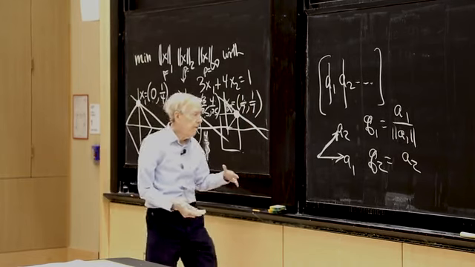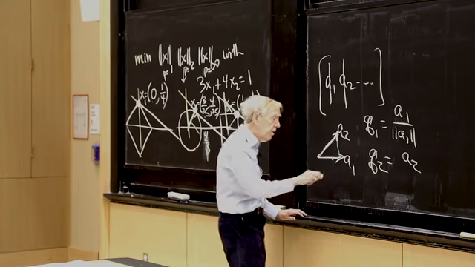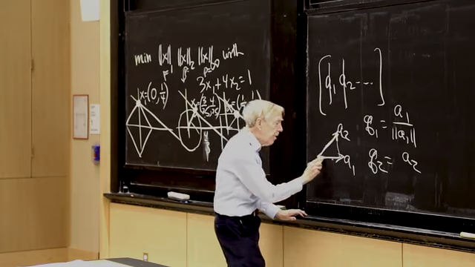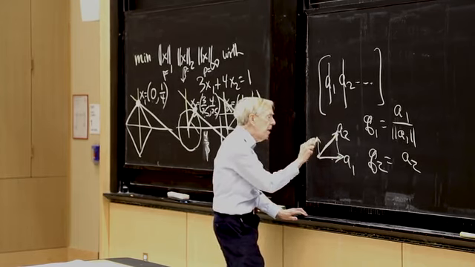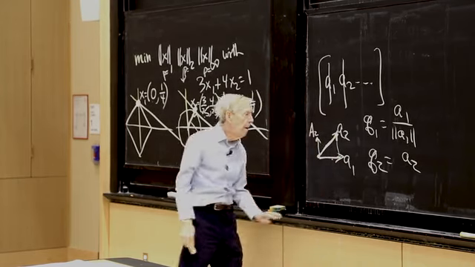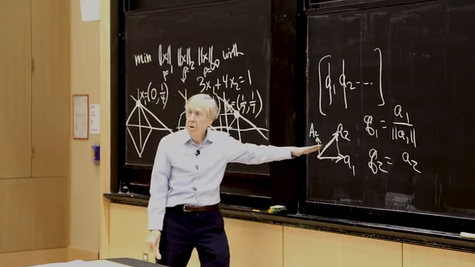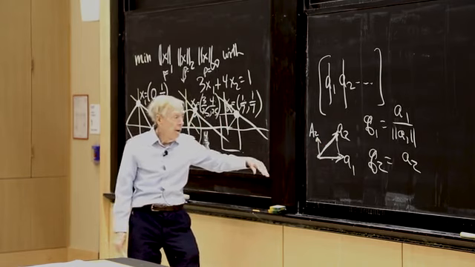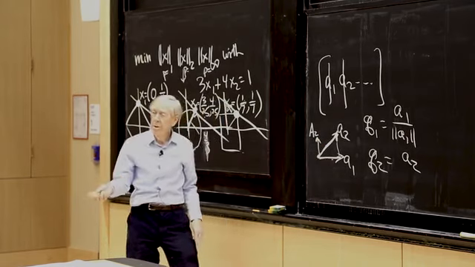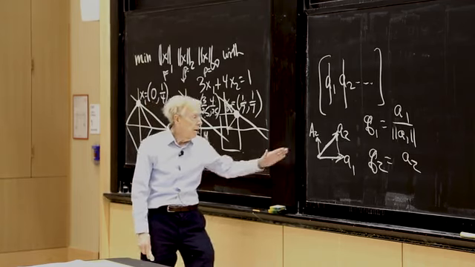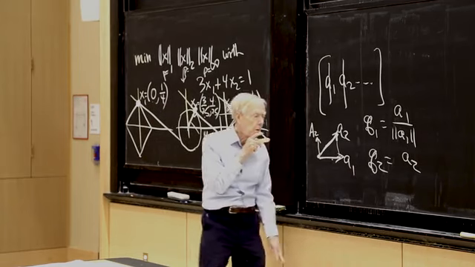I figure out the component of a2 in the a1 direction, and I remove it. So I take that vector away, and I'm left with this vector. I'll call that A2. So A2 is the original little a2 with the a1 direction removed.